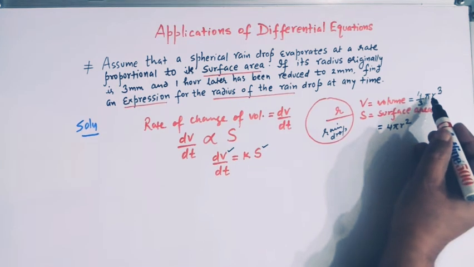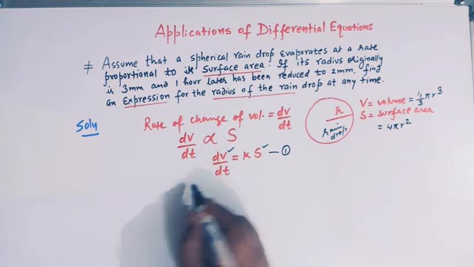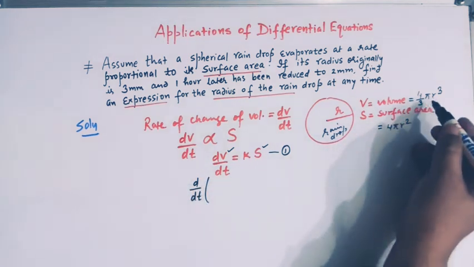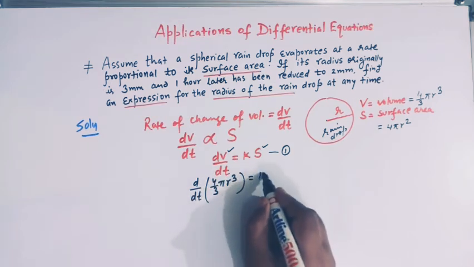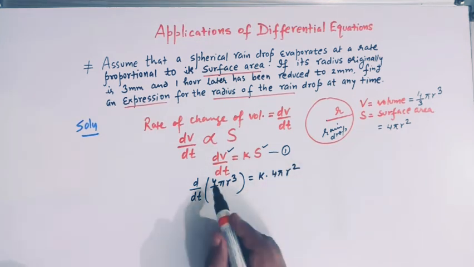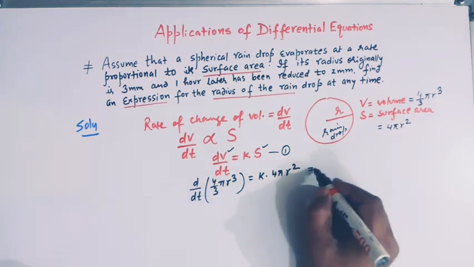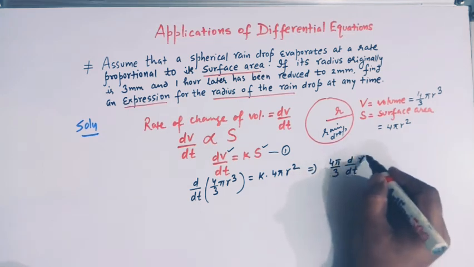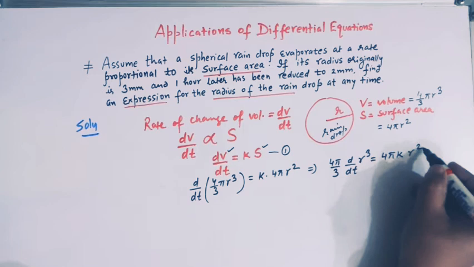Substituting v and s in this equation, we will have d by dt of 4 by 3 pi r cube equal to k times 4 pi r square. Now 4 pi over 3 is a constant, so we can write 4 pi by 3 times d by dt of r cube equal to 4 pi k r square.